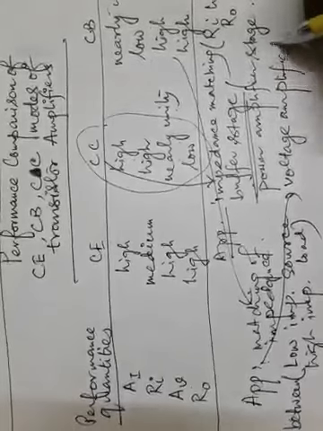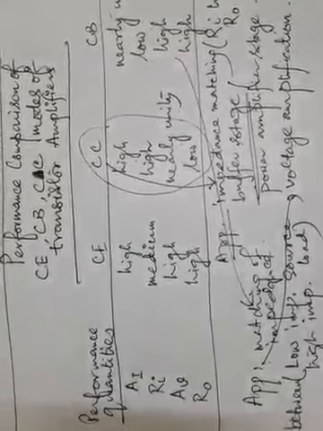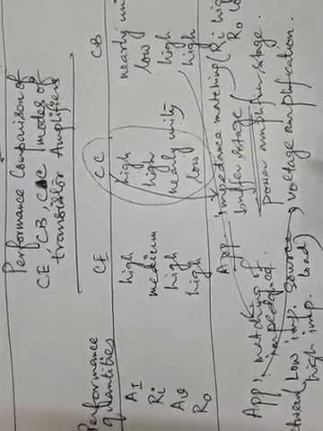And also the CB mode has another application, which is voltage amplification. So the CB mode is also found in voltage amplifier stages, whereas we have seen that CC mode is preferably used for power amplifier stages, CB mode is preferred for voltage amplification stages.